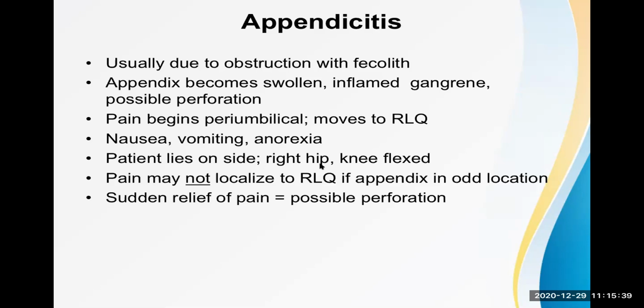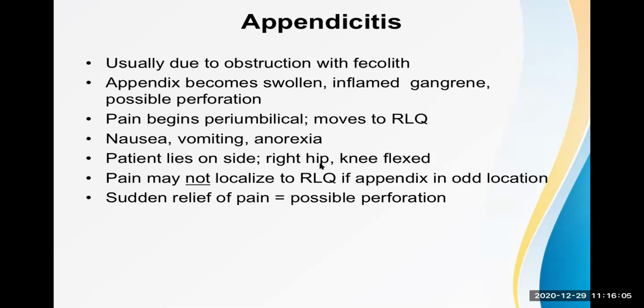So if we want to make that muscle stretch, we need to go for the opposite type of movement, that is extension. So extend the hip, and if the patient feels pain in the right iliac fossa, that means this may be a case of acute appendicitis. This is called psoas sign. So pain may not localize to right lower quadrant if appendix is present in the odd location.